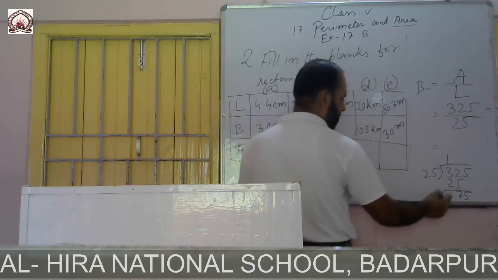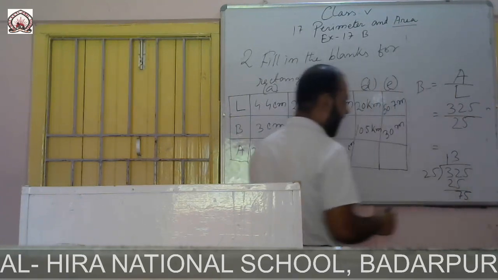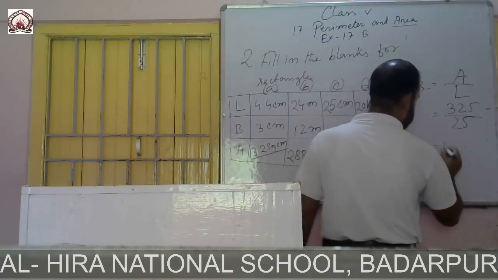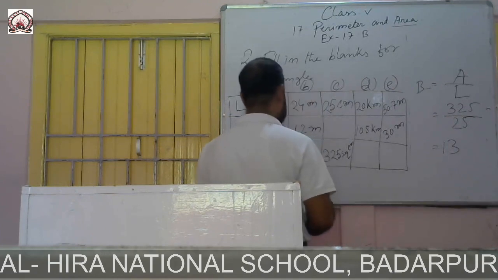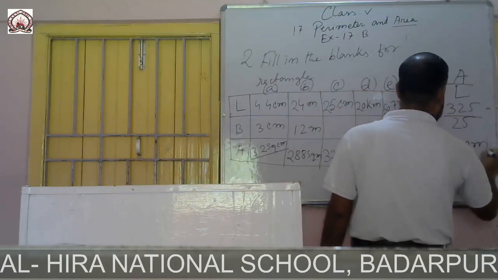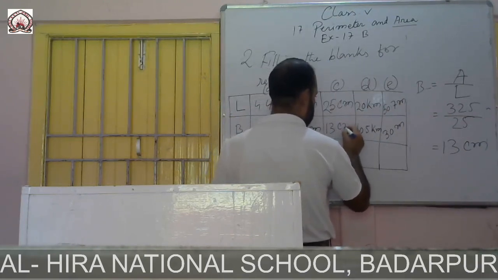Take down 5, 75. 25 threes are 75. So the answer is 13 centimeter.